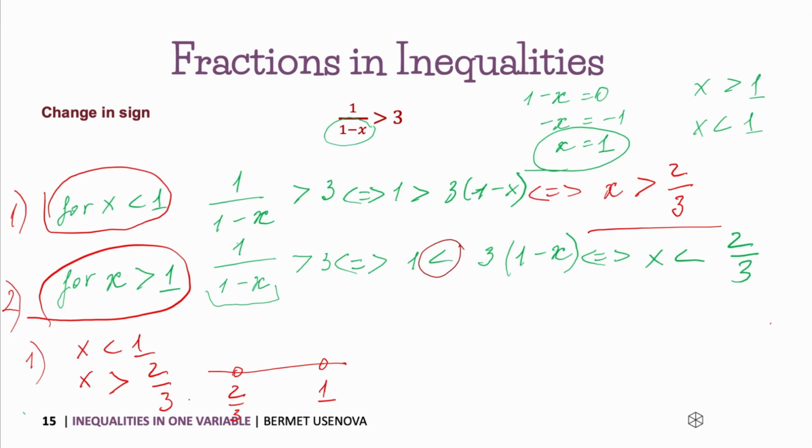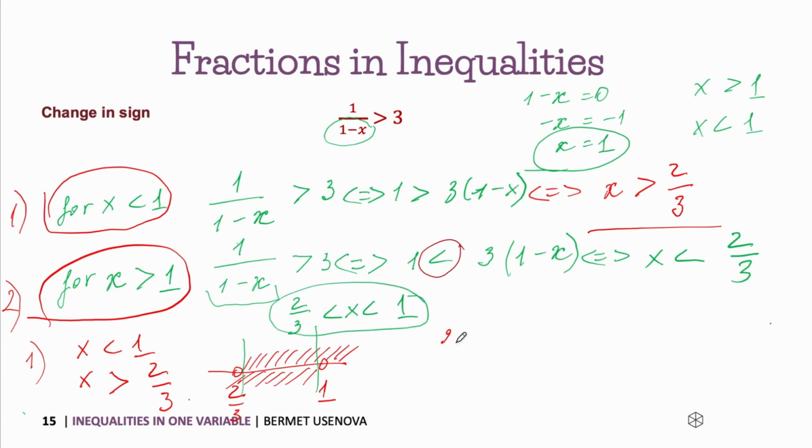So our x needs to be greater than 2/3, but at the same time smaller than 1. So the solution set will lie in this interval. x will be somewhere between 2/3 and 1. This is the solution set for this case.